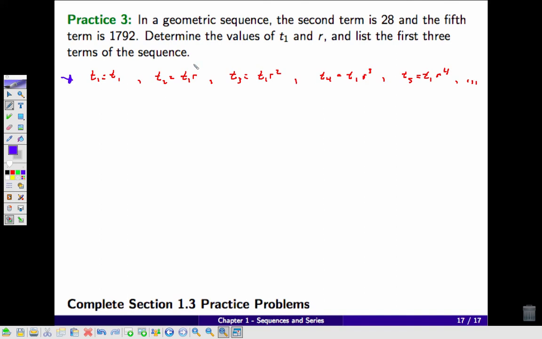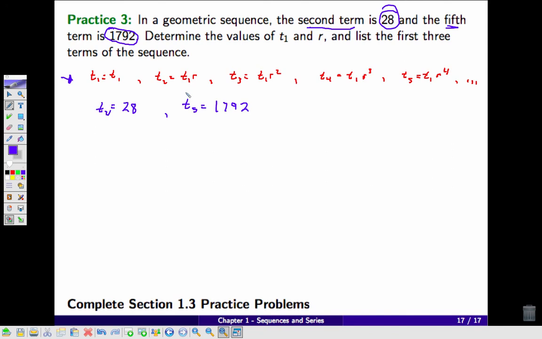We're going to do something very, very sneaky and clever in this question. It tells us that the second term is 28, right? And it tells us that the fifth term is 1792. So it gives you T2 is 28, right? And it says that T5 is 1792.